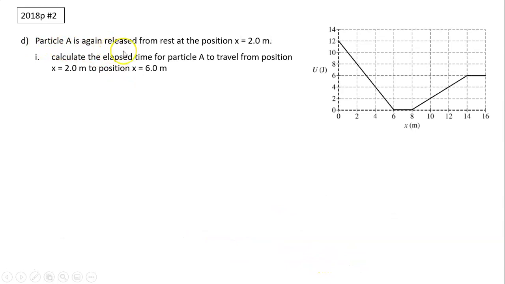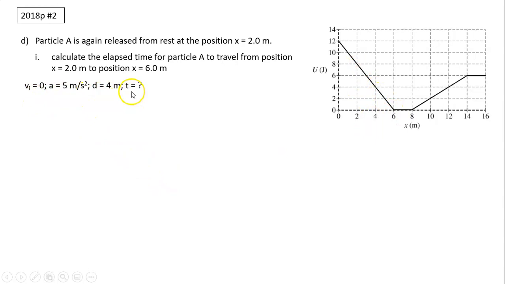Part D. Particle A is again released from rest at position x equals 2 meters. Calculate the elapsed time for particle A to travel from x equals 2 to x equals 6. From 2 to 6, what do we know? We know initial velocity is 0. We also know the displacement is 4 meters. We also know the acceleration is positive 5.